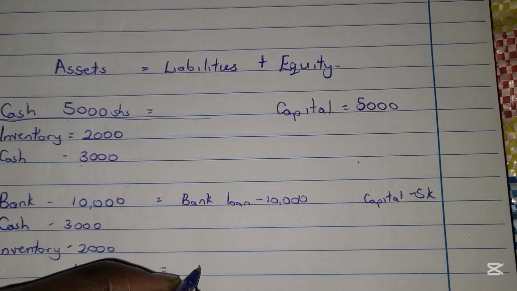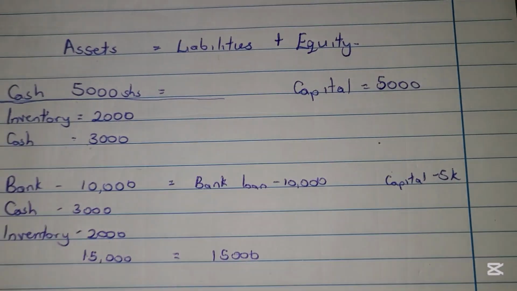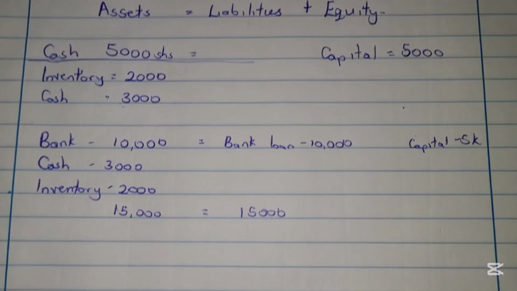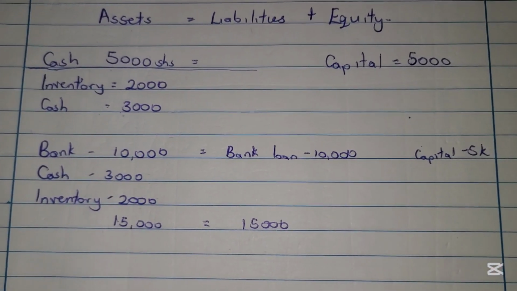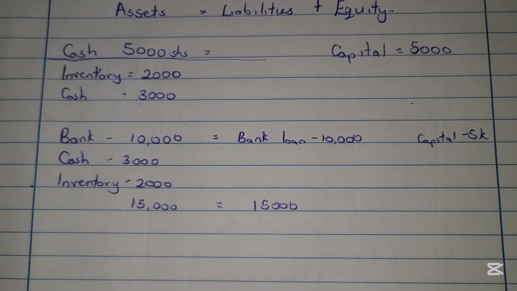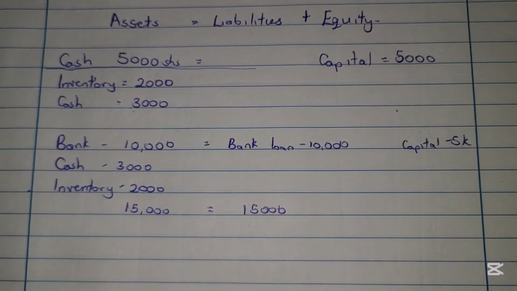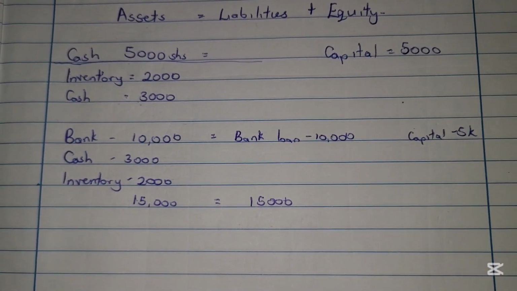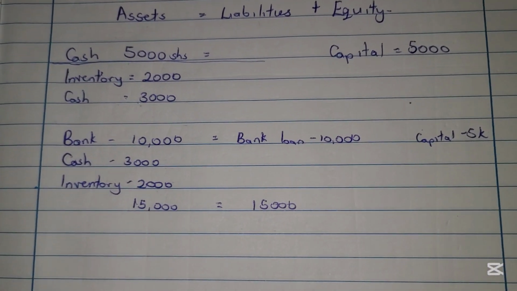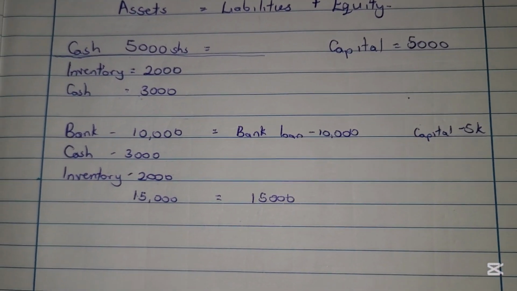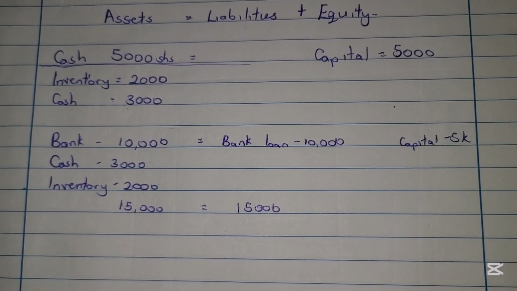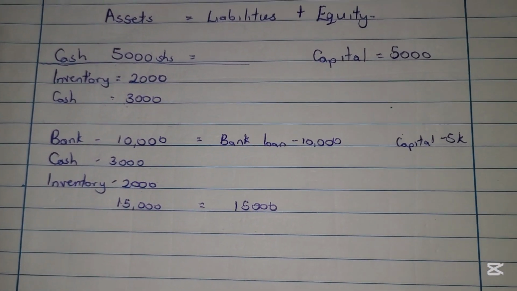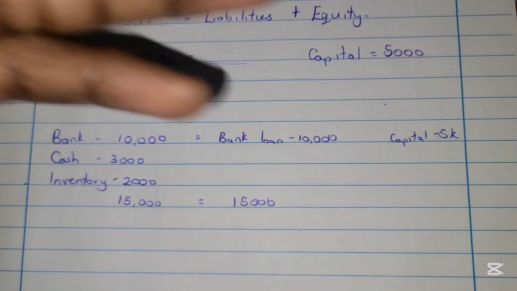It will be equal to the 15,000 on the right hand side. So this shows that the accounting equation should balance at all times. When you reduce the cash and buy stock, you reduce the cash and increase the amount on the stock side. When you borrow something, you add the money to the cash or the bank, then you record it under liabilities.